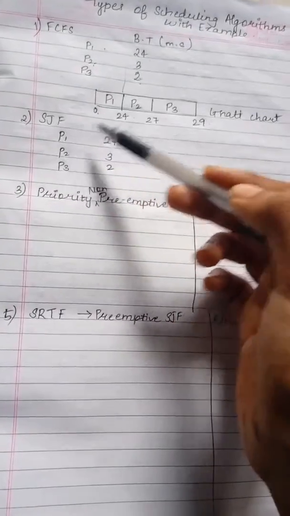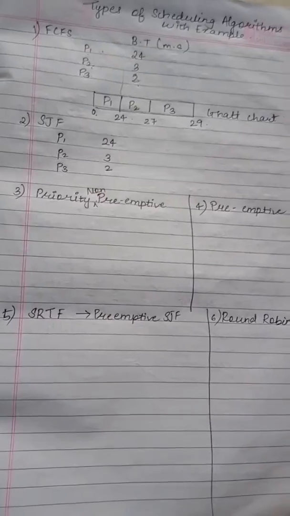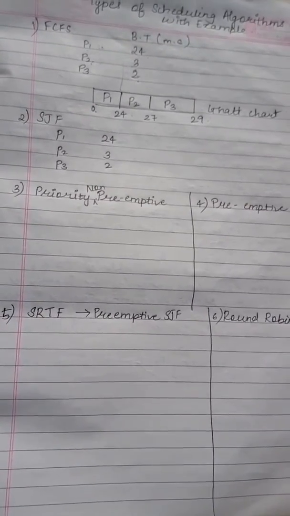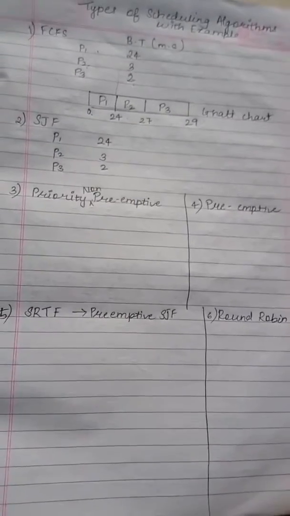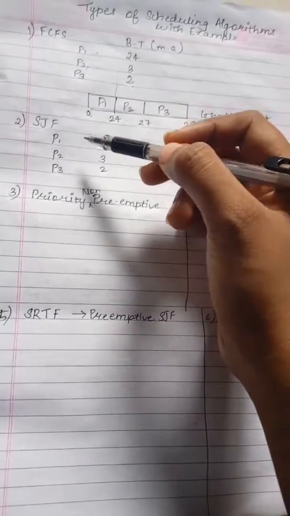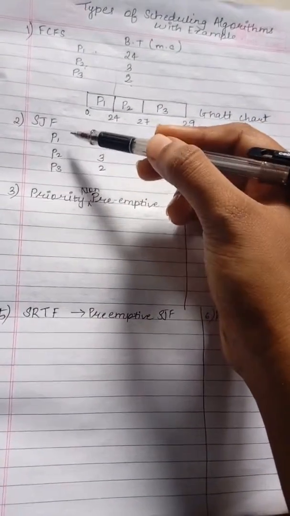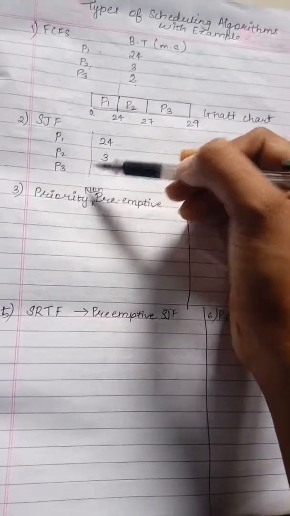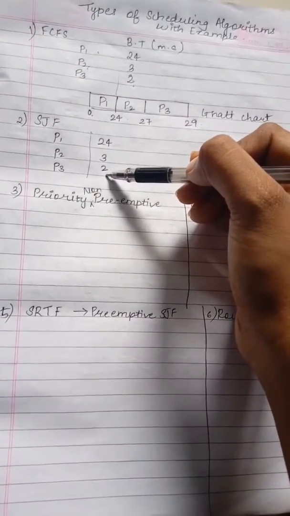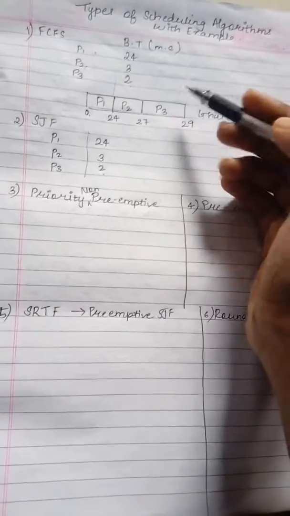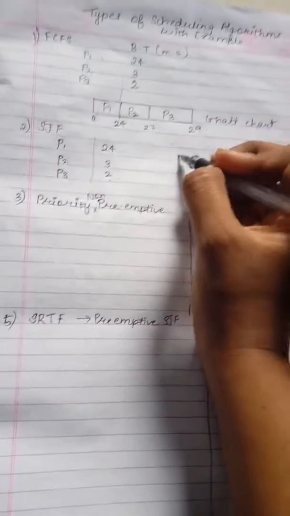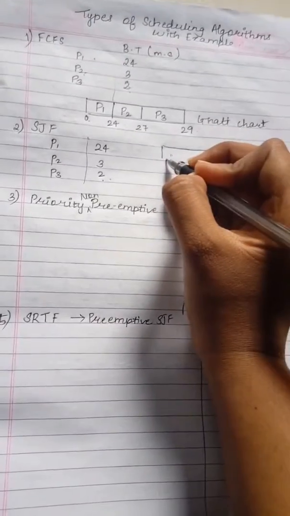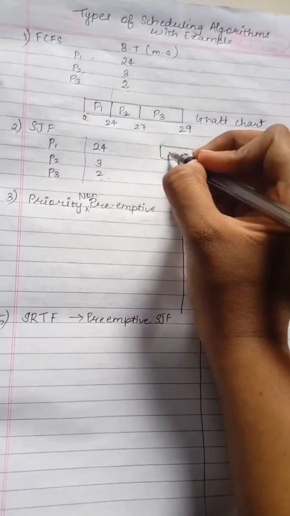Then comes SJF. You know what is SJF? SJF stands for shortest job first, and it is also a type of non-preemptive scheduling algorithm. Now here we see the processes have arrived, but whichever is having the smallest burst time, see, P3 is having the smallest burst time, so it will get executed first.